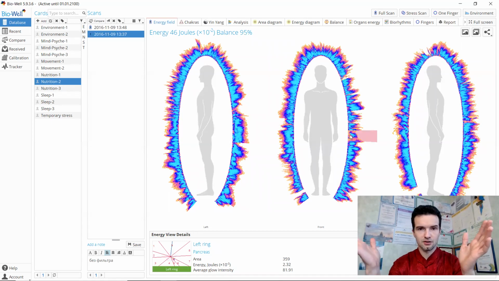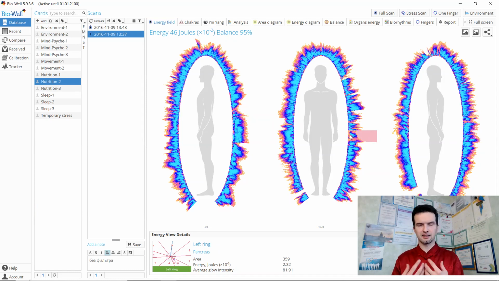And well, the essence of the nutrition is to eat less, to eat the type of food that can be easily digestible. And the thing is that the organism will recover and clean itself, within some amount of time.